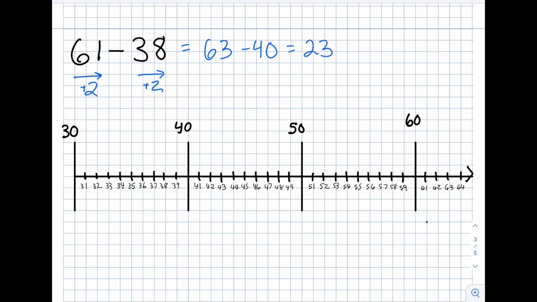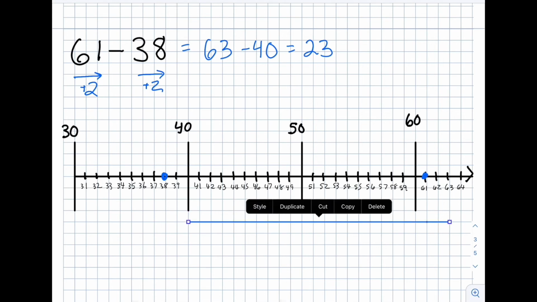So now let's look at this on the number line. I have 61 and I have 38. I plot both numbers, and I want to find the distance between the two numbers. And what did I do? I shifted to the right 2 units. That's the equivalent distance. I didn't change the length of my line. Let me actually draw a second line in here.